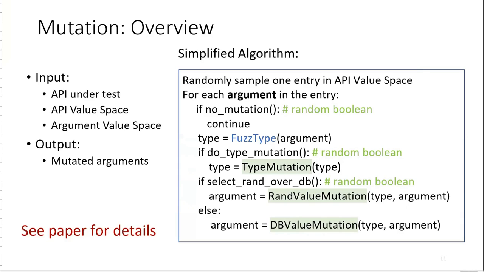Finally, it will randomly make a choice between random value mutation and database value mutation, then mutate it based on the type information. As we can see, our approach consists of the three following rules: type mutation, random value mutation, and database value mutation, and I will elaborate on them later.